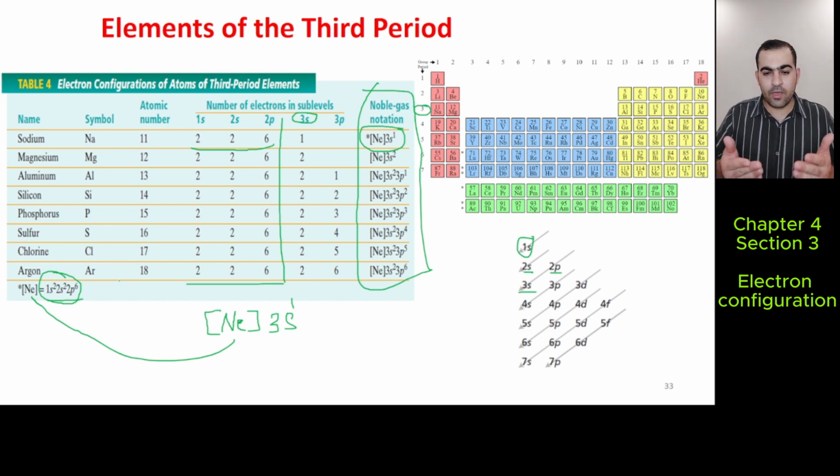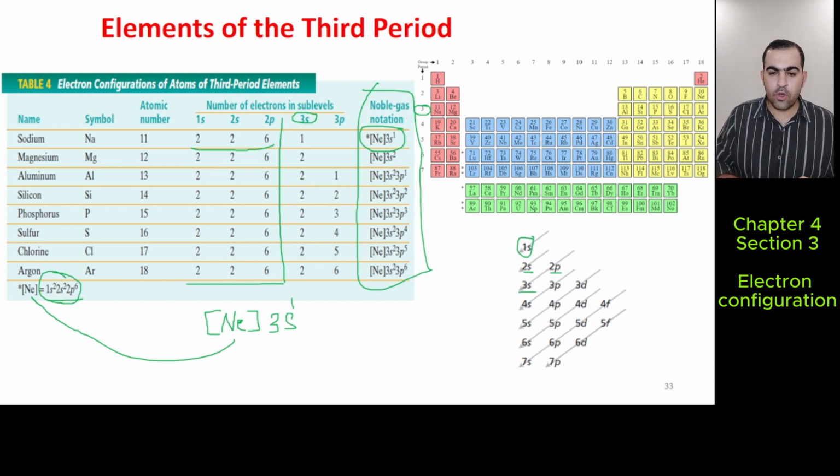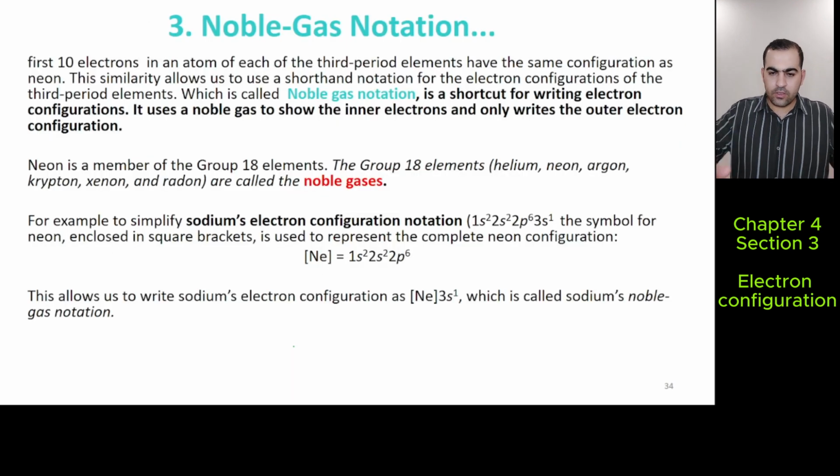So why should I make it very wide? I'm going to make it shorter, so I use noble gas notation. This is the electron configuration of neon, so I write the symbol of neon in a square bracket. What's left? In 3s we have one electron, which I write.